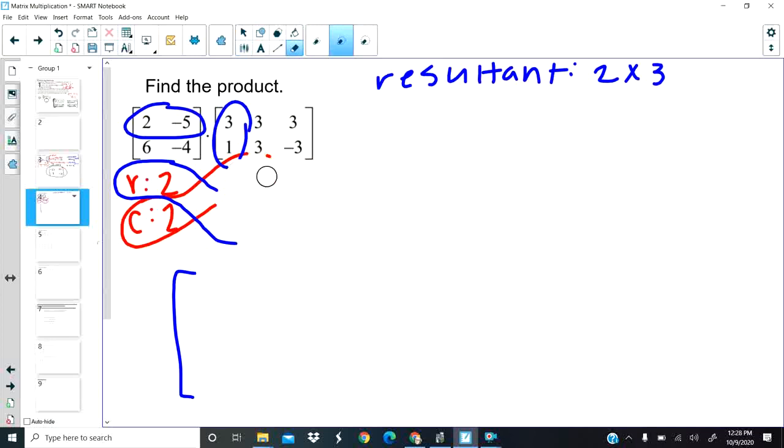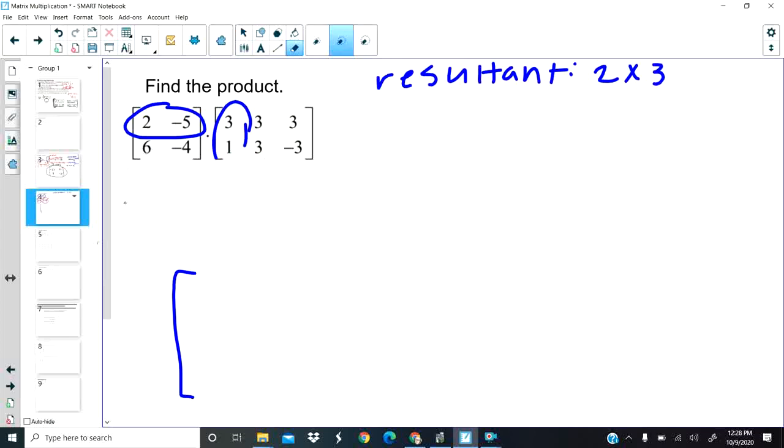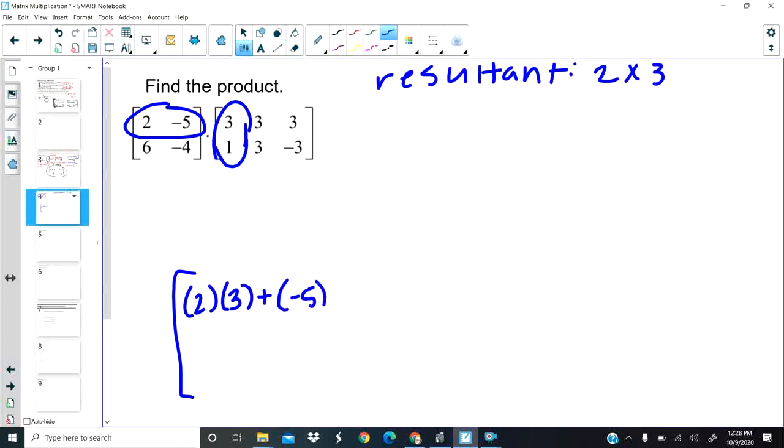I'm going to erase what we did here to determine if we could even multiply them together and to determine the dimensions, so that I'm just focused on my first row in my first and my first column in my second. So I'm going to have 2 times 3, and then I'm going to be adding that to negative 5 times 1.